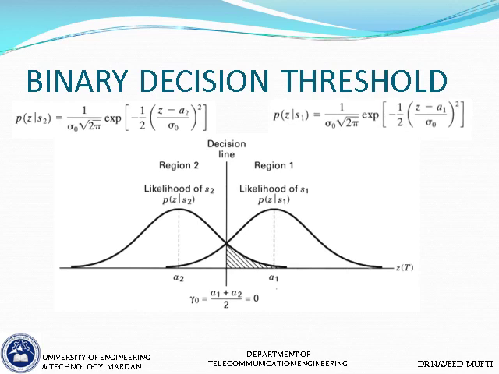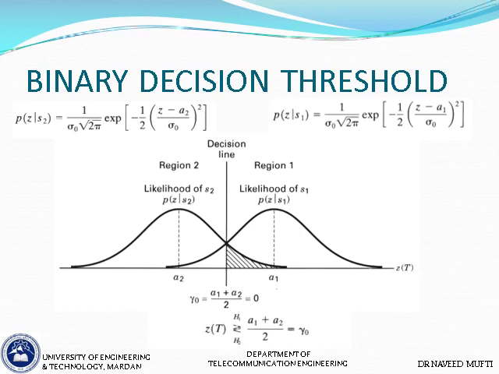So here in these equations, once again, this sigma naught represents the standard deviation and its square represents the noise variance, and this rightmost likelihood illustrates the probability density of the detector output z of t given that S1 was transmitted, and this likelihood function illustrates the PDF of z of t given that S2 was transmitted, and the abscissa, this x-axis here, represents a full range of possible sample output values from the correlation receiver.